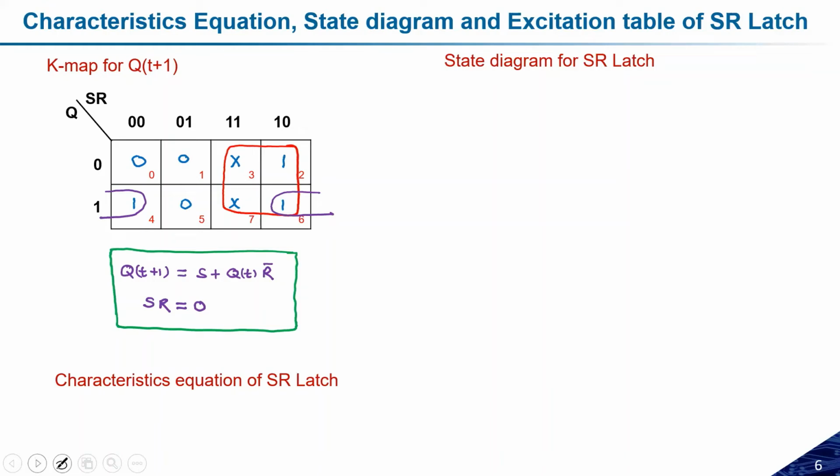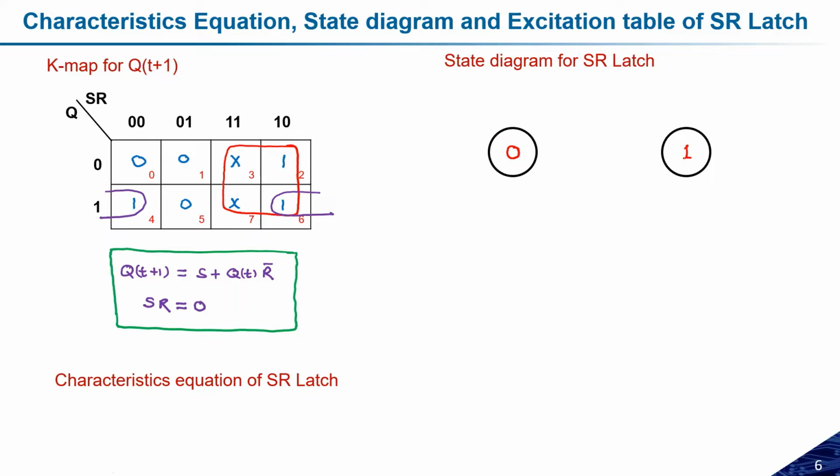We can have two states for Q(t). Q(t) can have two outputs, either 0 or 1. There are two possibilities. So let us assume the past state can be 0 or the past state can be logical 1.